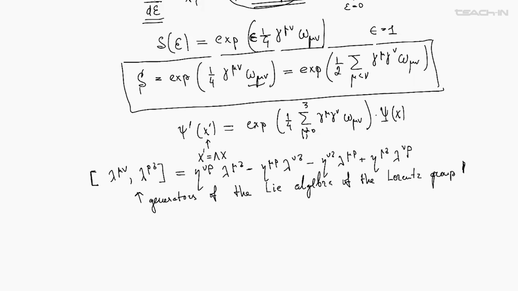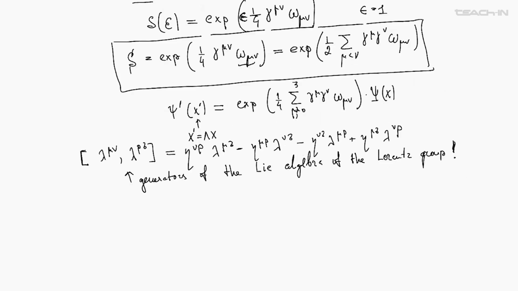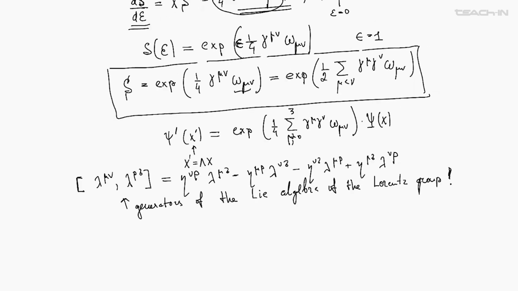And this means that we obtained exactly what we have discussed last time, namely that the Lorentz transformations we have constructed are transformations realizing the spinor representation of the Lorentz group.